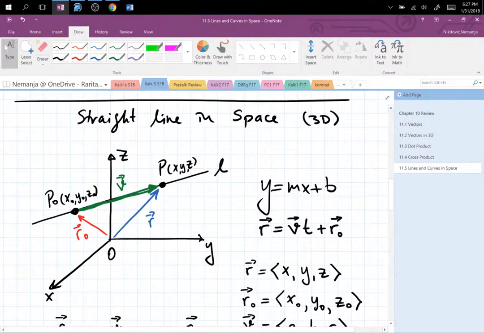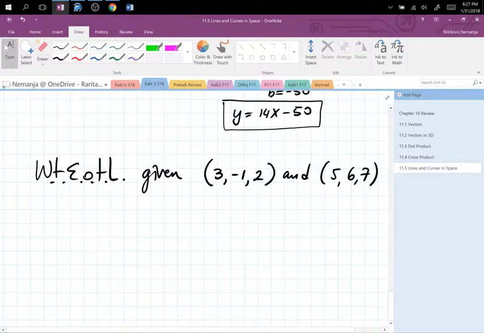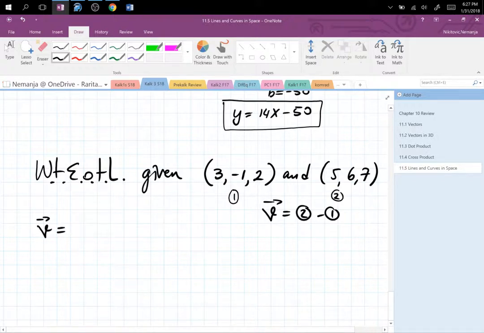Everything starts there. So you pick what's your point 1, you pick what's point 2. As soon as you did that, V is 2 minus 1 to get the vector. So vector V immediately becomes 5 minus 3 is 2, 6 plus 1 is 7, and 7 minus 2 is 5. It's terminal minus initial.